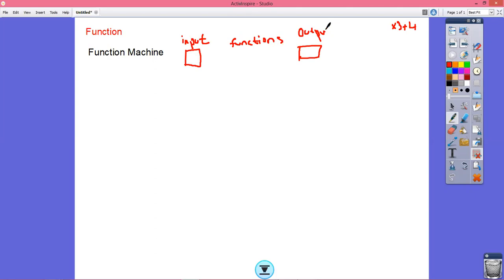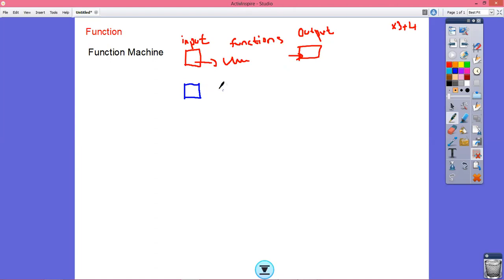Now here input, something is inserting, we are inputting here. After that there comes some functions, and at the output we are going to get a result. Now how can it work? Let's say we have here an input.